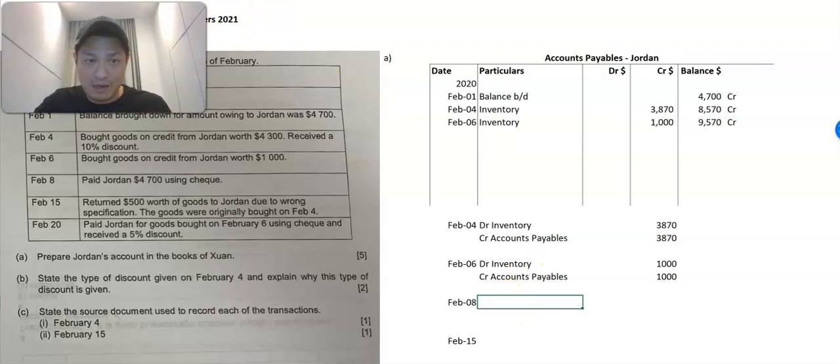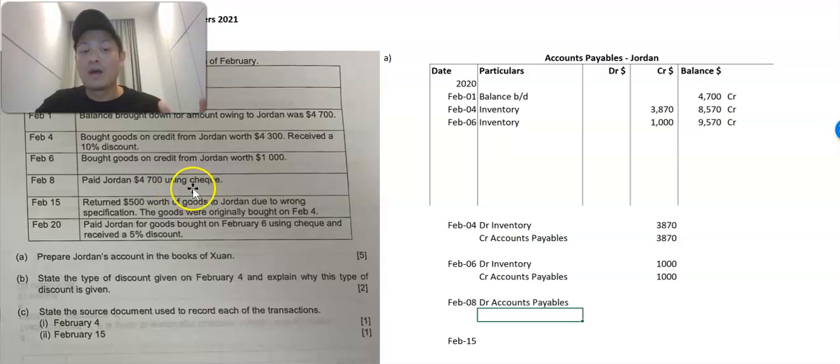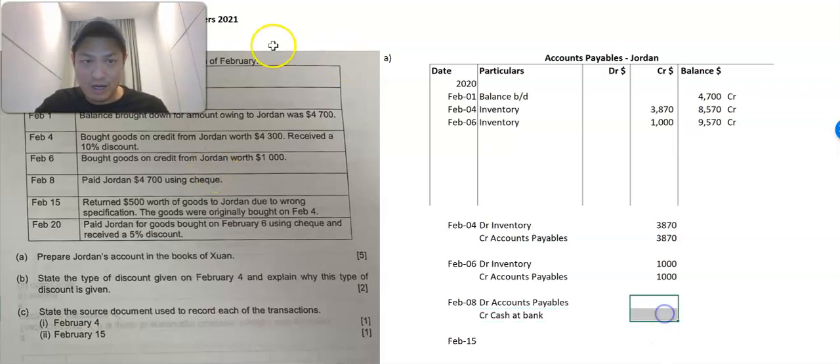So therefore you debit accounts payable and you credit what? Cash at bank, because you're paying Jordan using check. Your cash at bank balance will go down, and cash at bank is an asset account, and when an asset goes down, you credit it. When it goes up, you debit it. Okay, so you credit cash at bank, and how much?